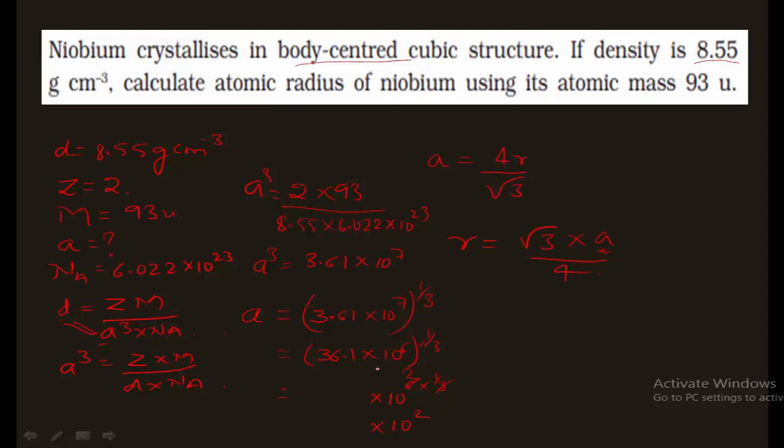Here we can calculate by taking the log. But the convenient method that is used to calculate the cube root by using a simple calculator is, what we have to do is, we have to take a simple calculator and first we need to enter 36.1 because we want the value of cube root of 36.1.